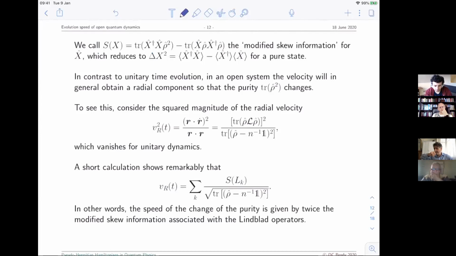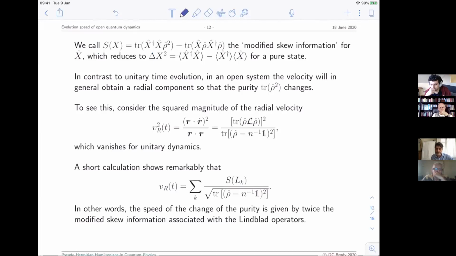Okay, so if you have an open system dynamics, every time you trace out the environment, you keep losing information continuously. So the state becomes more and more mixed, or at least the degree of mixture of the state cannot increase.